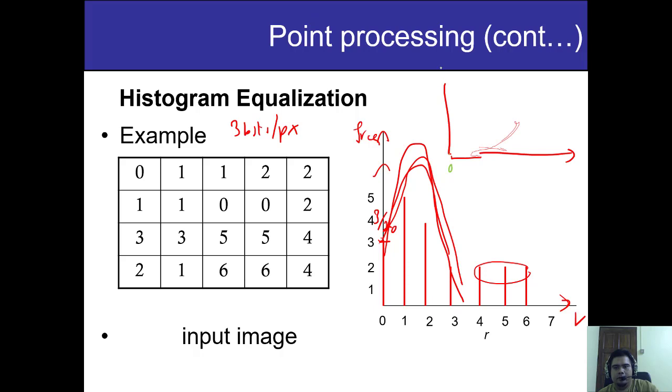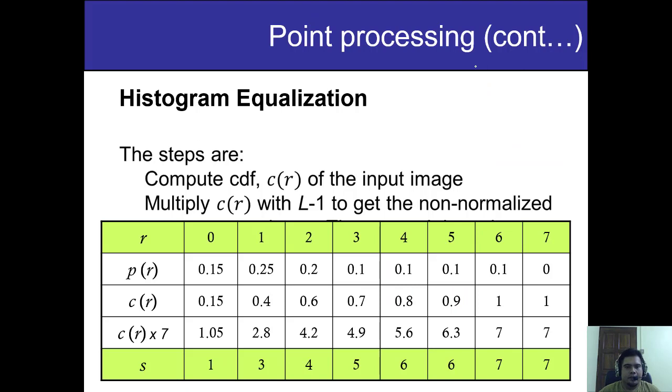For 0, you have 3 divided by 20. And then for 1, how many are there? 5 divided by 20. So you divide this, and then this is what you get.